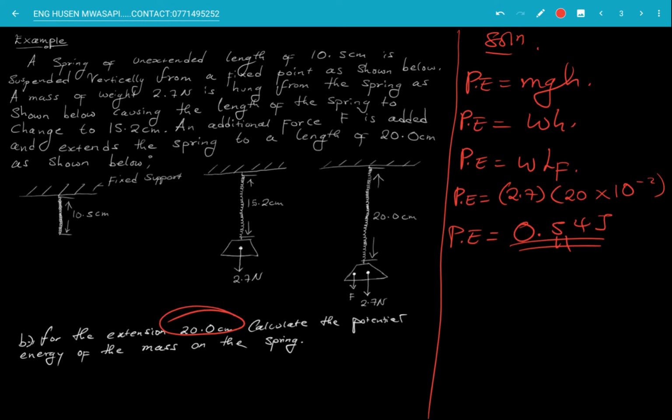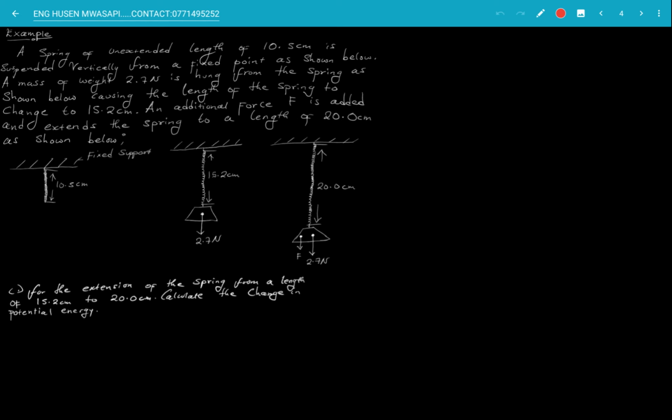Let's look at the last part of this example. Now here we've been asked to say, for the extension of the spring from a length of 15.2 centimeters to 20.0 centimeters, calculate the change in potential energy. Now, change in potential energy is as a result of two extensions.